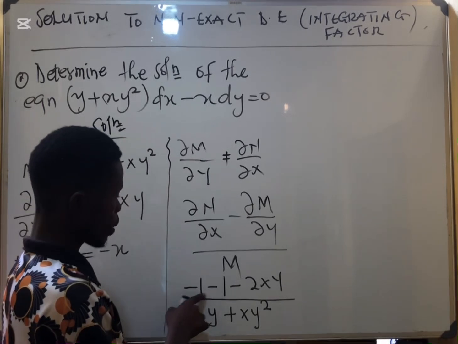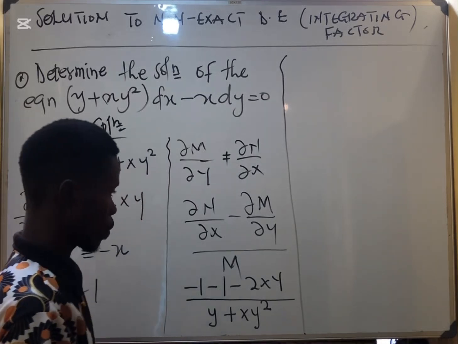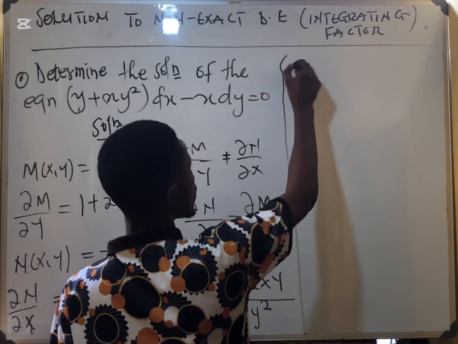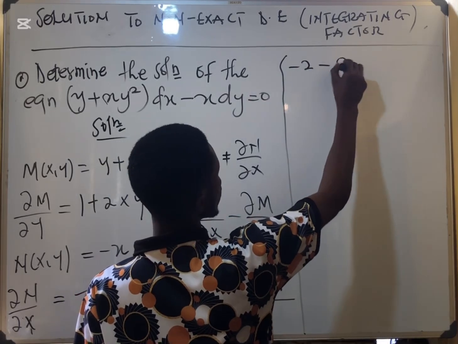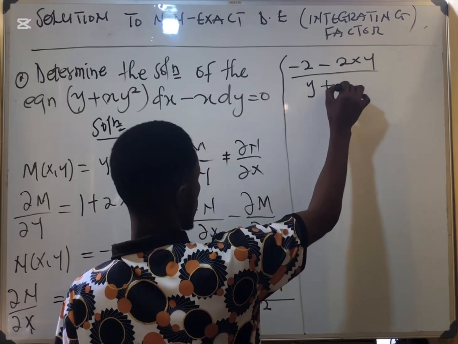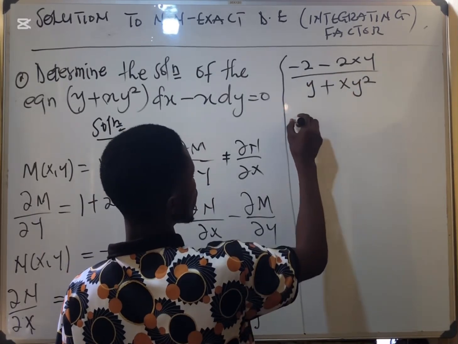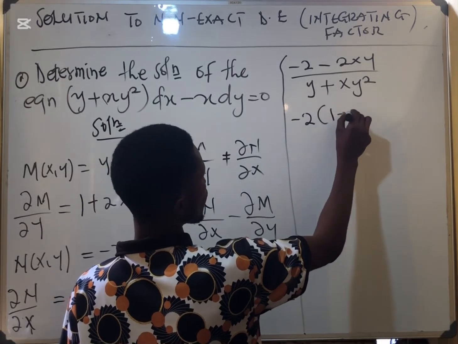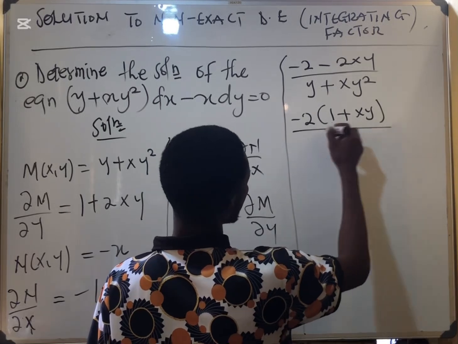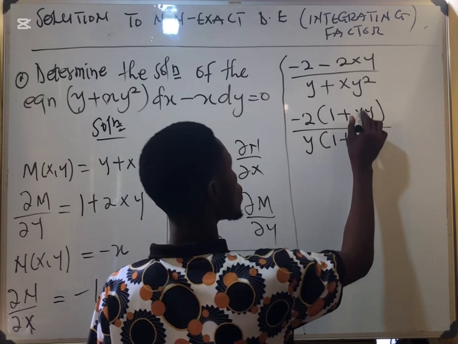So negative 1 minus 2xy, all divided by y plus xy squared. Here the common term is negative 1, giving 1 plus 2xy, and on the denominator the common term is y, giving y times 1 plus xy.